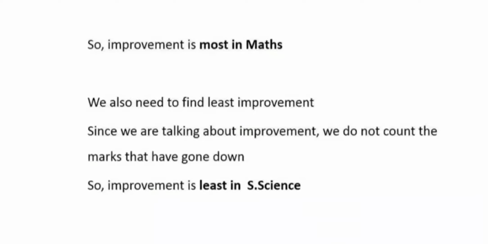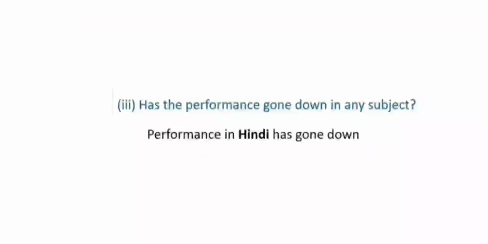Since the difference is 7 in Math and 2 in Social Science, and we are talking about improvement, we don't count the negative part. So the answer is Math and Social Science. Next, has the performance gone down in any subject? Yes, performance in Hindi has gone down.